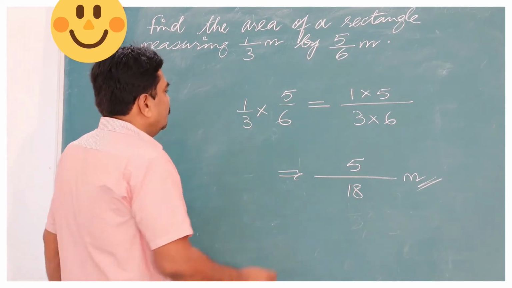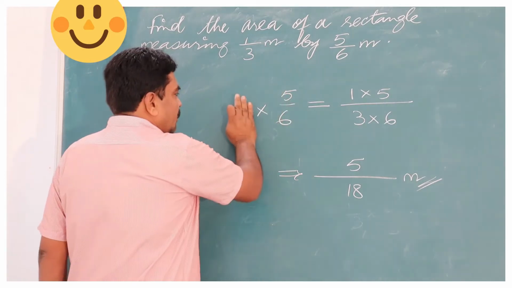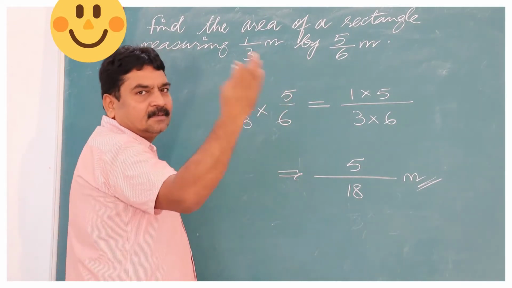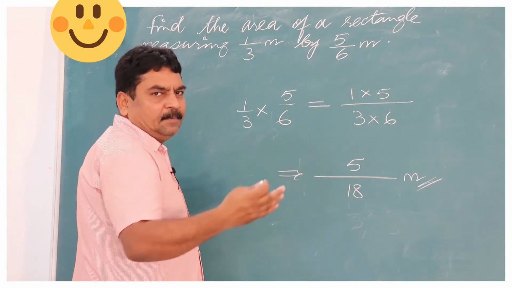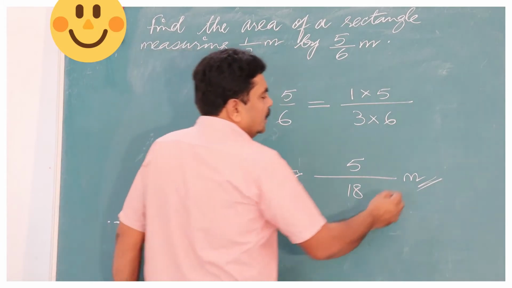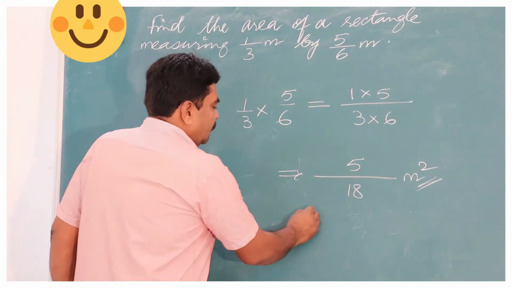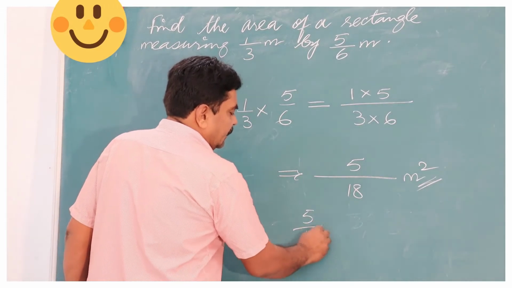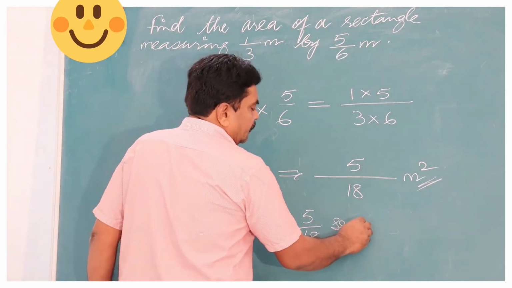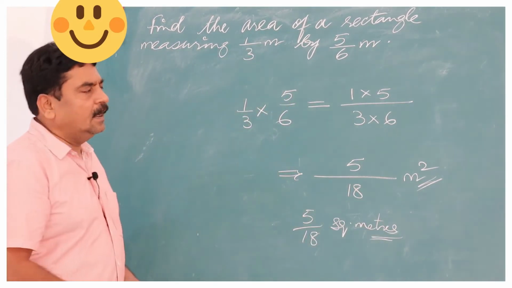Remember that. This is in meters, this is in meters. So meters into meters also becomes multiplication. You have to multiply both the meters, then it should be meter square, or you can say 5 by 18 square meters. This is what you are going to write as part of the answer.